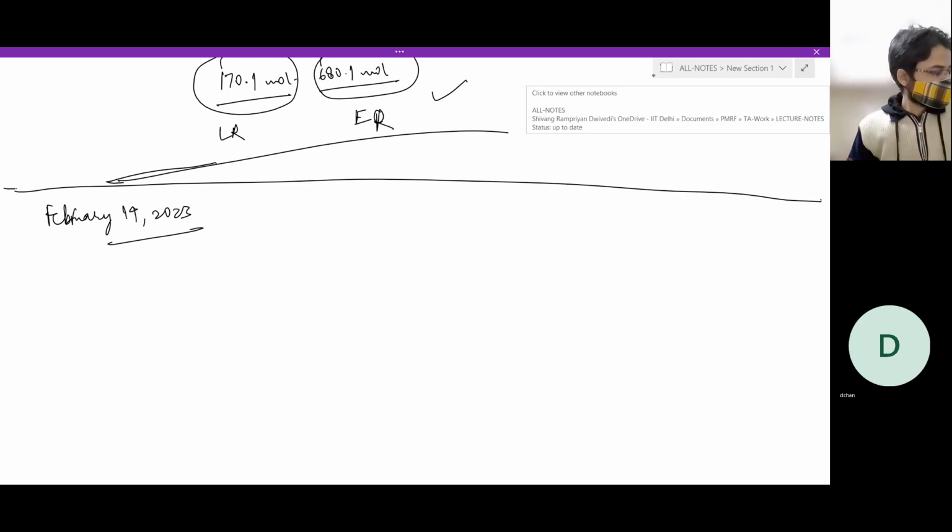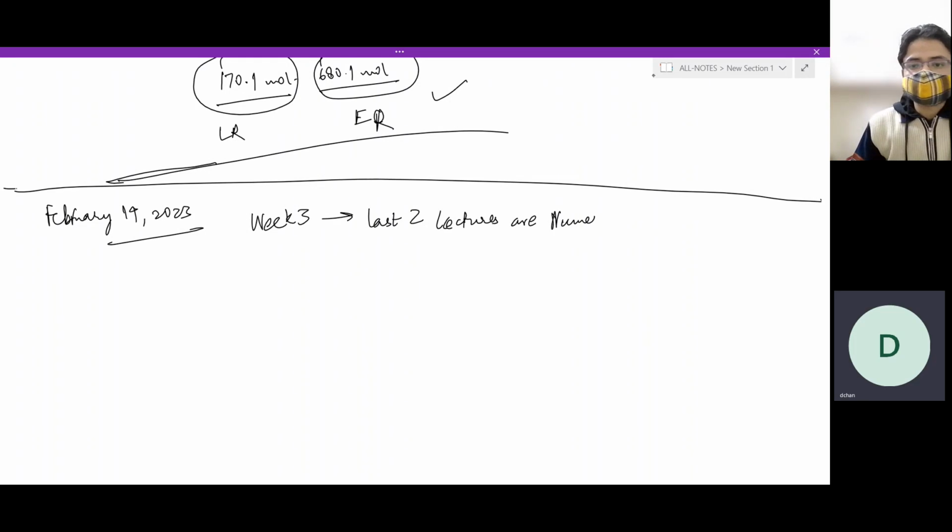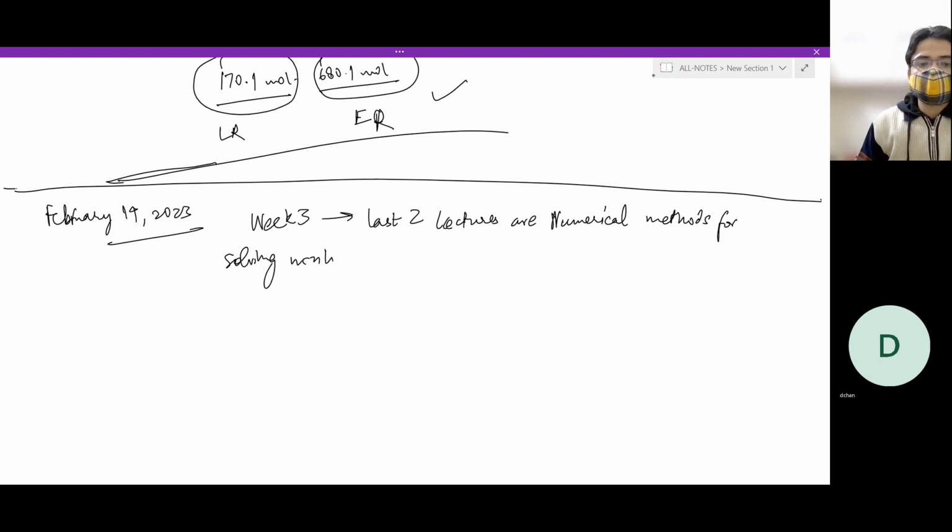So, if you might have looked at the week 3 content, the last two lectures are based on numerical methods for solving nonlinear algebraic equations.